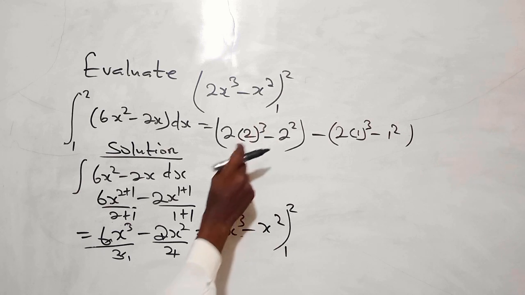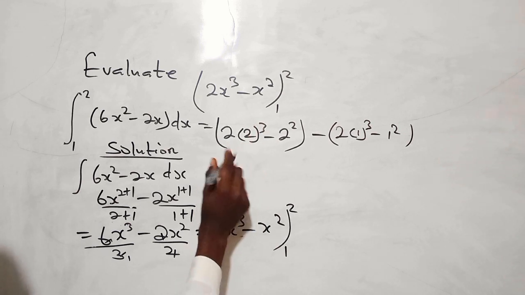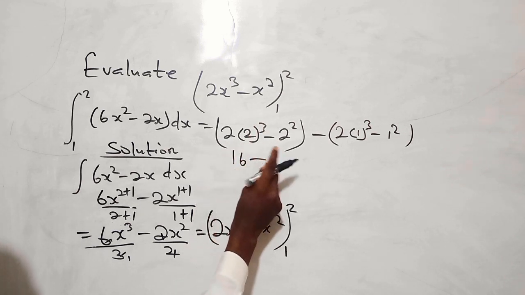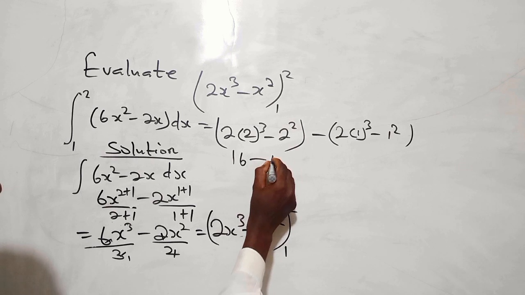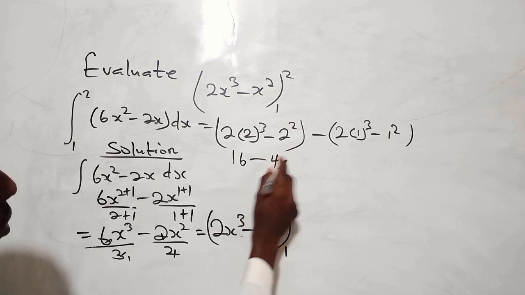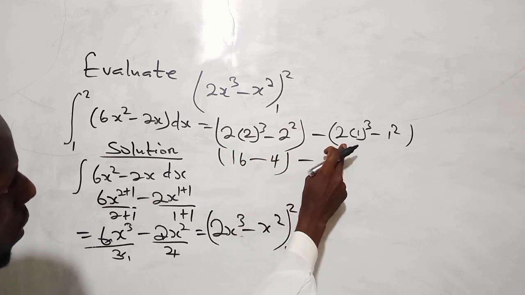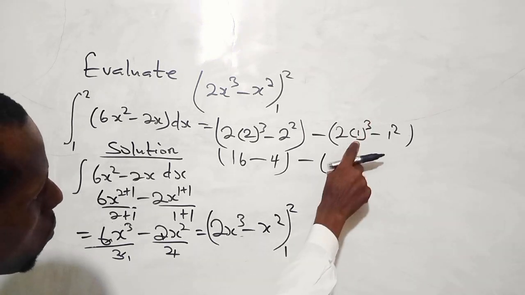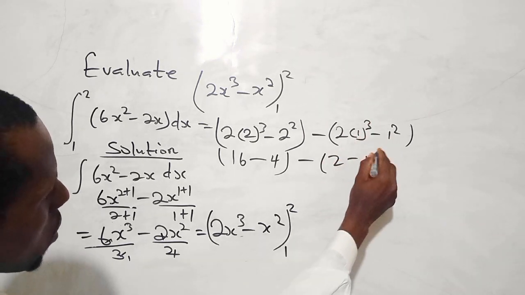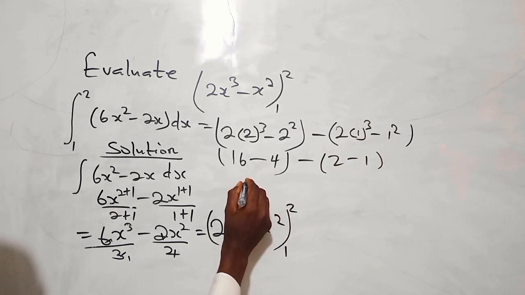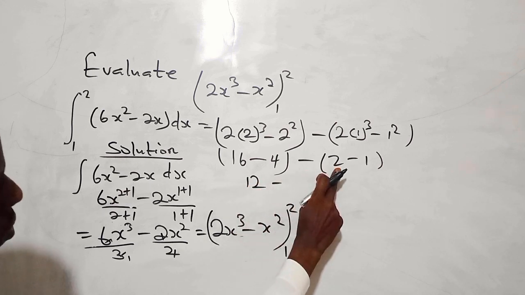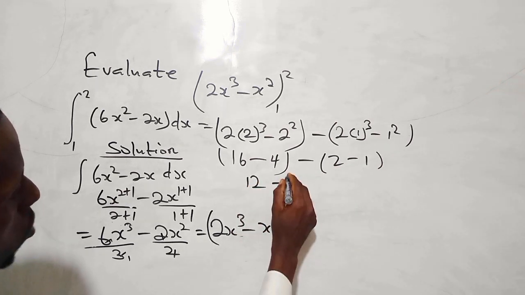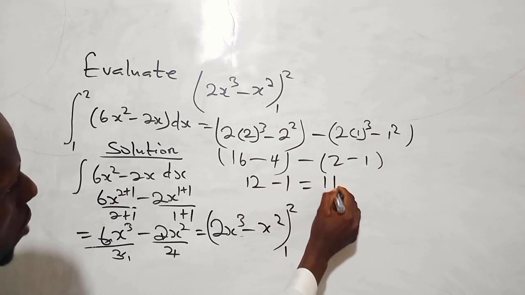For 2 raised to power 3 we have 8, 8 times 2 is 16, minus 2 squared, which is 4. Minus, 1 raised to power 3 is 1, 1 times 2 is 2, minus 1. So 16 minus 4 is 12, minus 2 minus 1 is 1, so 12 minus 1 gives 11.